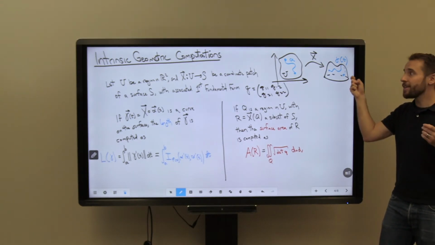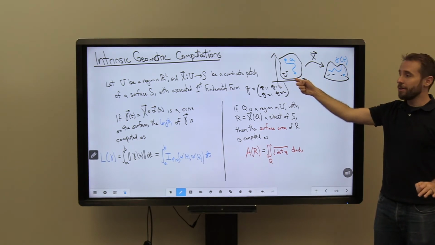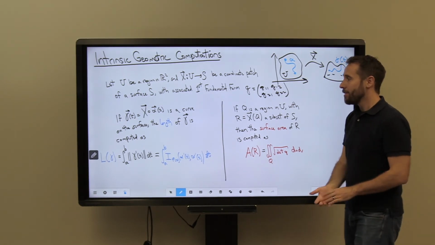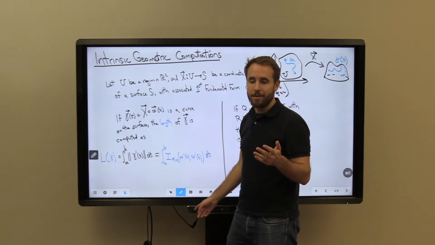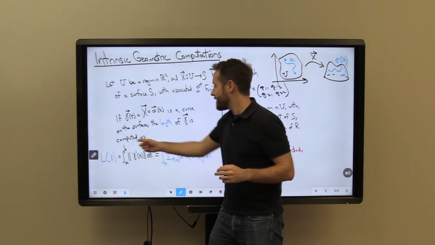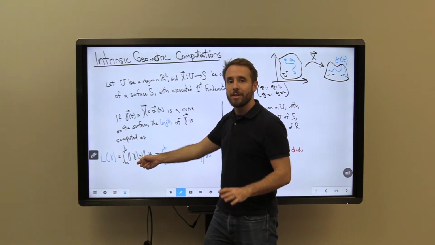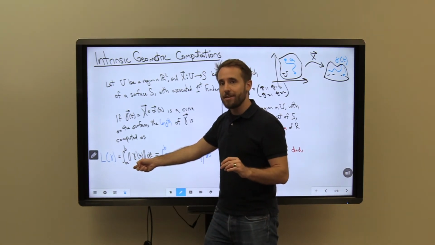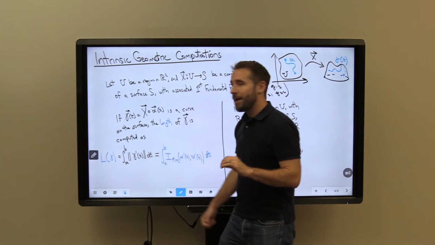Well, it turns out we can compute that by computing an appropriate integral over here. So the length of gamma we know we can compute using our regular integral. This is what we would have done before this moment, just computed the integral of the speed in 3-dimensional space, so the integral of the norm of gamma prime.